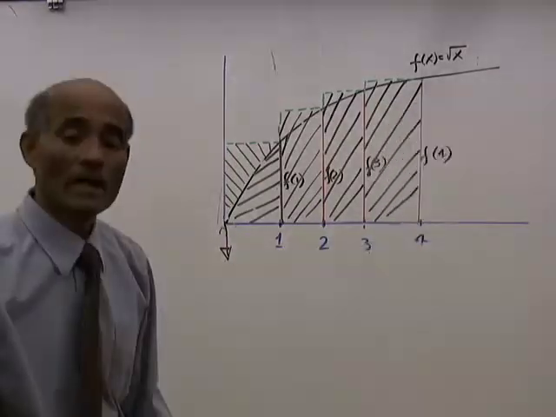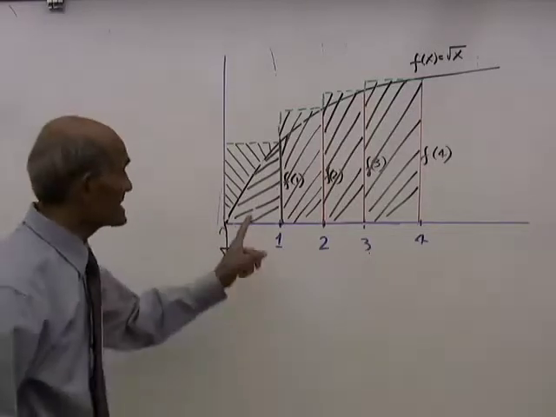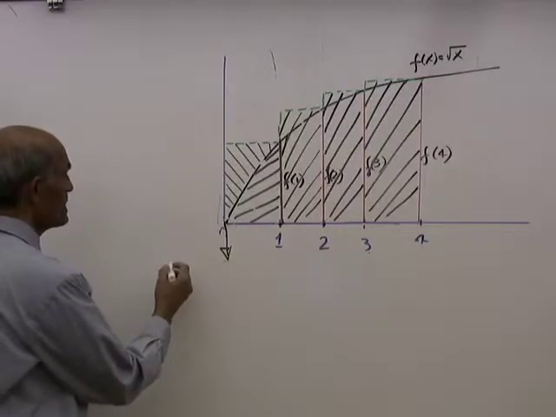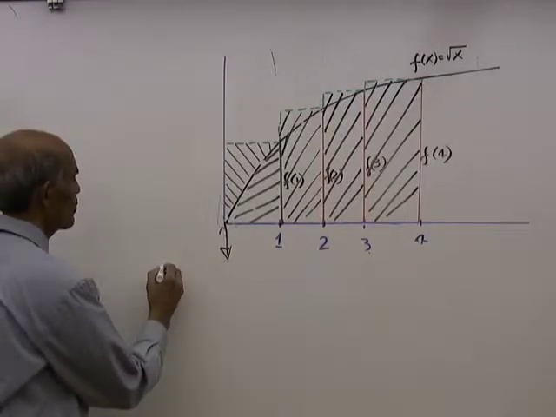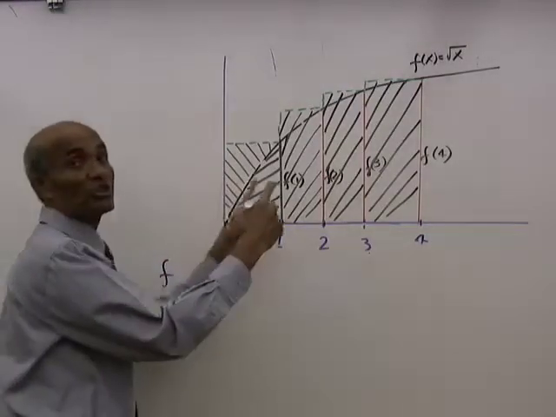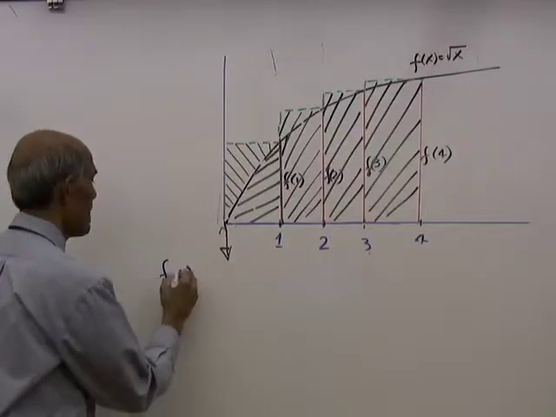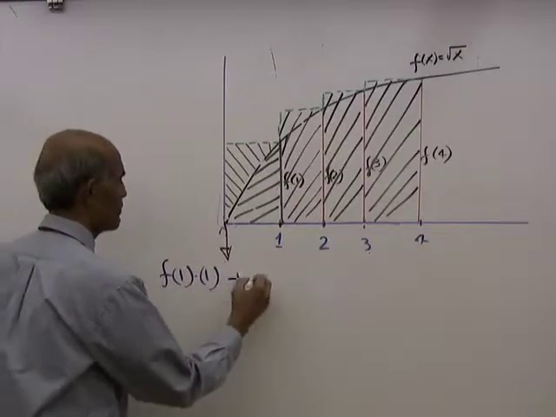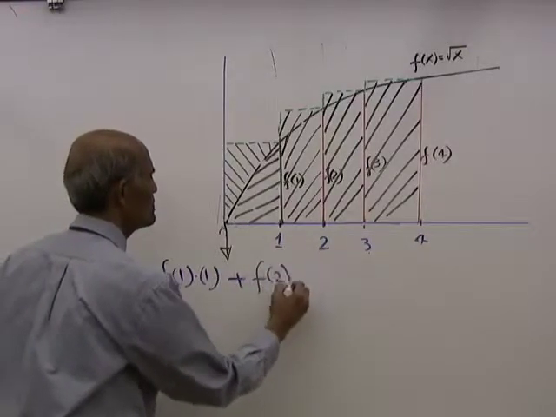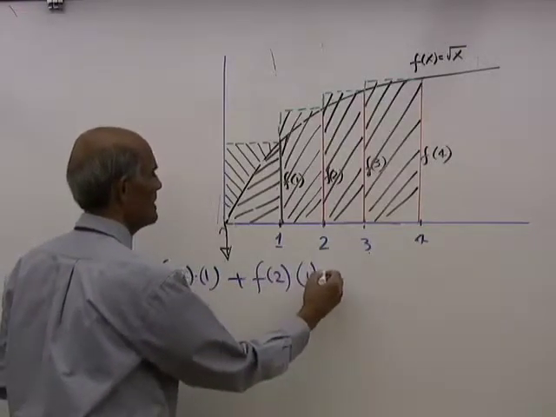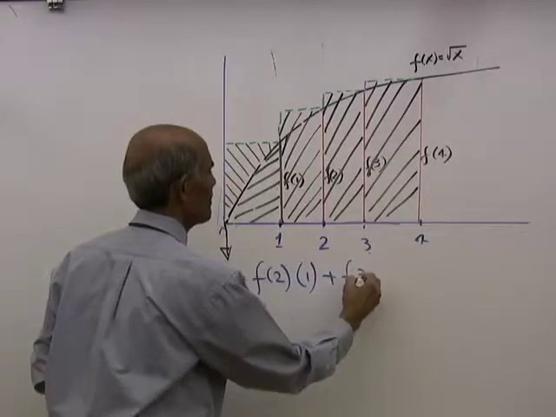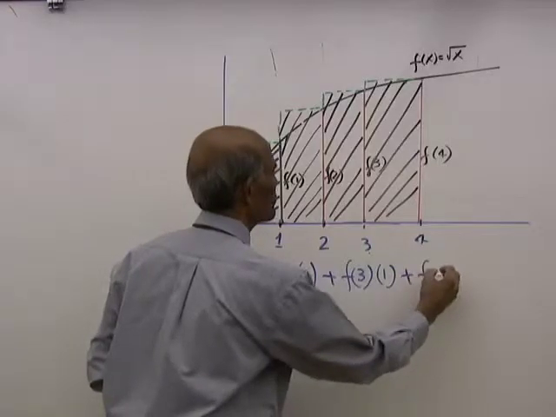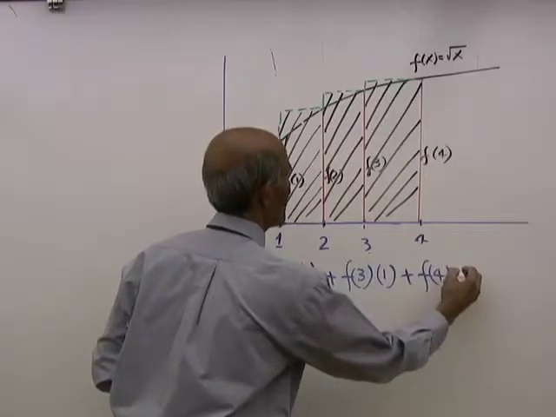All right. Now, how do you write the sum of these areas as a sequence? This is the way we have it. The first rectangle, I'm using the right area: f of 1 multiplied by 1, is that right? Plus f of 2 multiplied by 1, plus f of 3 multiplied by 1, plus f of 4 multiplied by 1.